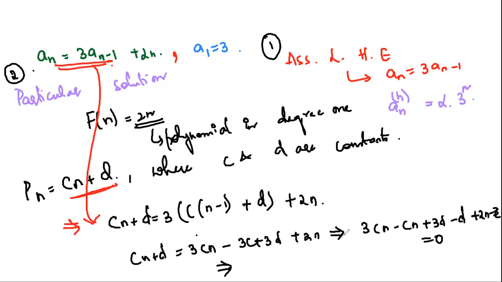So 3cn minus cn is 2cn. We'll bring the n terms to one side so we can take n common. So 2cn plus 2n. 3d minus d is 2d. Minus 3c is equal to 0. Now let's take the n common: 2 plus 2c into n plus 2d minus 3c is equal to 0.